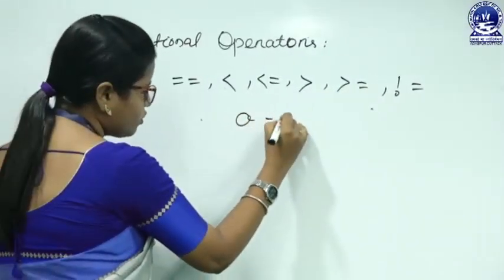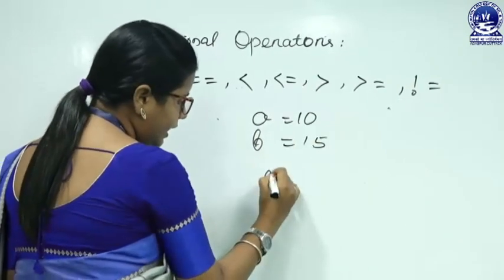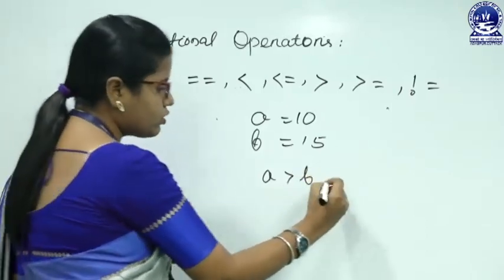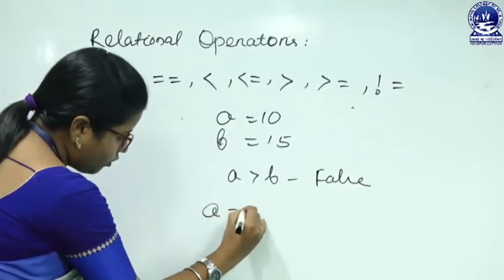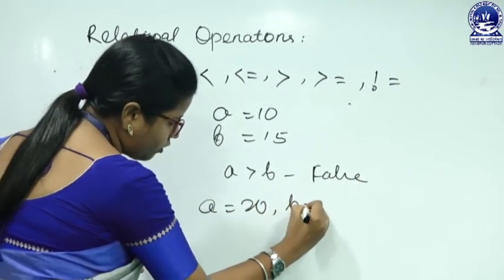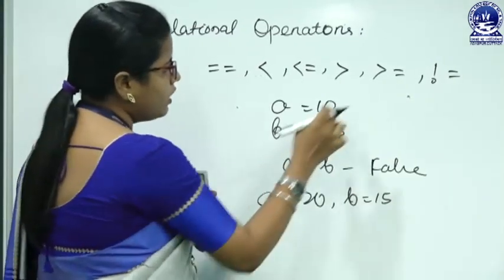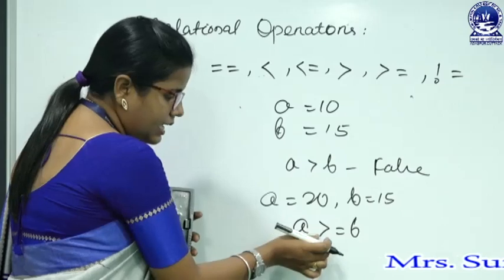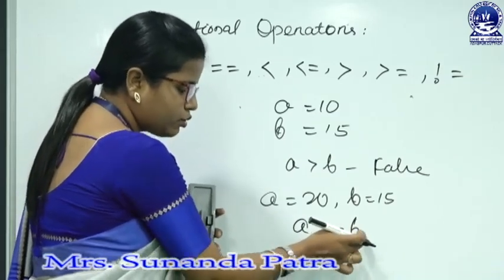Suppose A equals to 10 and B equals to 15. So, greater than, A greater than B. Is 10 greater than B? No. So, it will result as false. Suppose A equals to 20 and B equals to 15. So, A greater than equals to B, 20 is greater than or equals to 15.